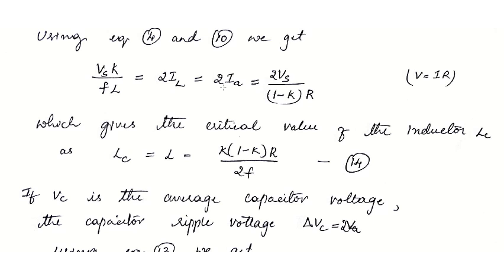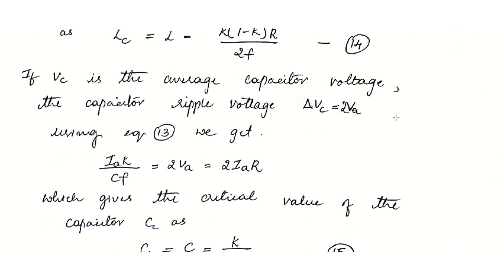From the above equation, if you simplify, where VS cancels, the critical value of the inductor L will be equal to K into (1 minus K) R divided by 2F. So this is your inductor value, which again depends on the duty cycle K. Call it equation number 14.